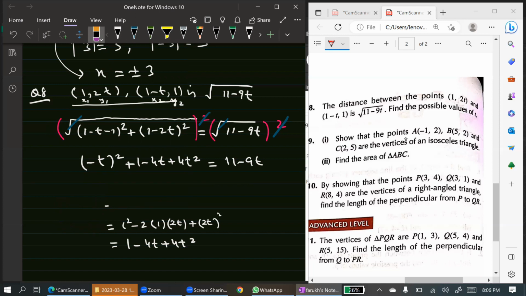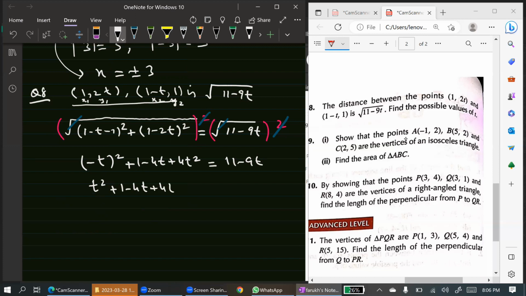and find the value of t. 5t square minus 4t plus 9t plus 1 minus 11 is equal to 0.